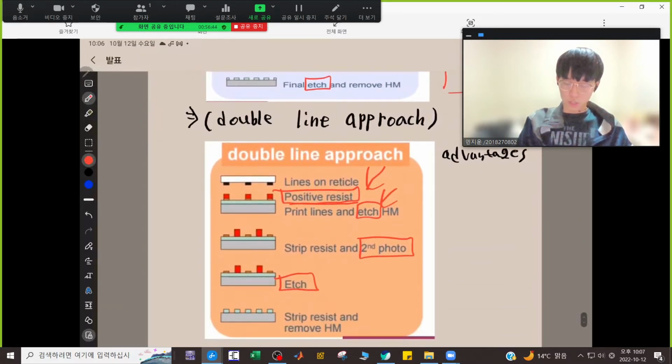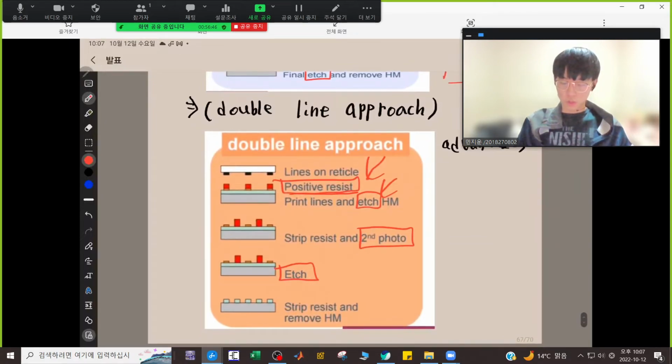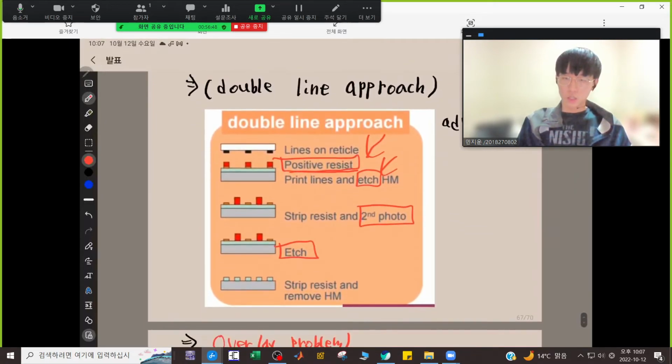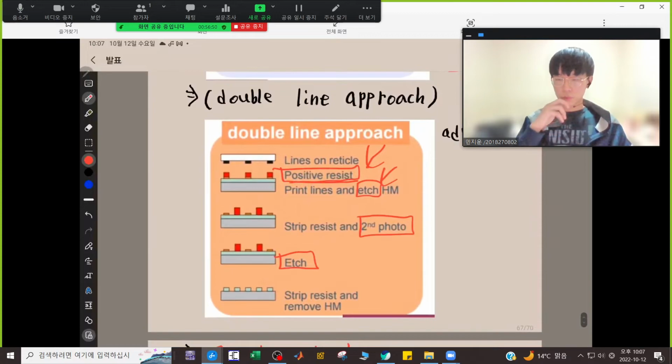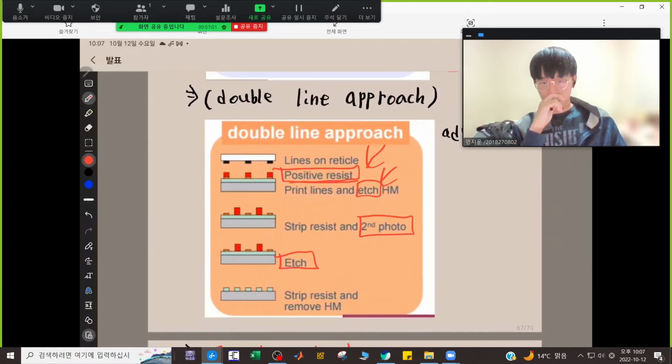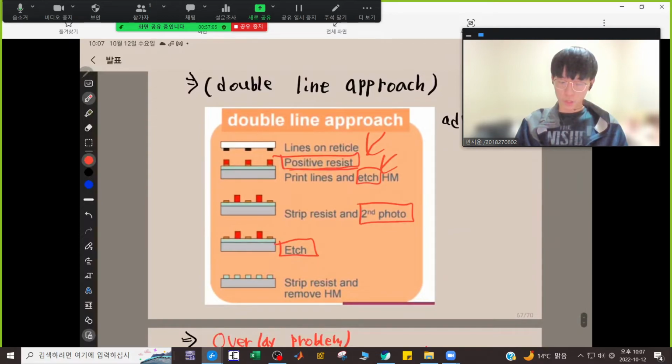And this double line approach is used for the poly layer or for the channel. So channel and poly layer.